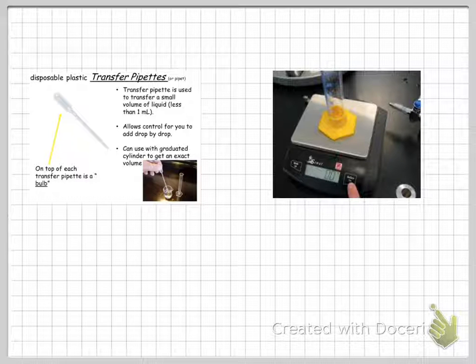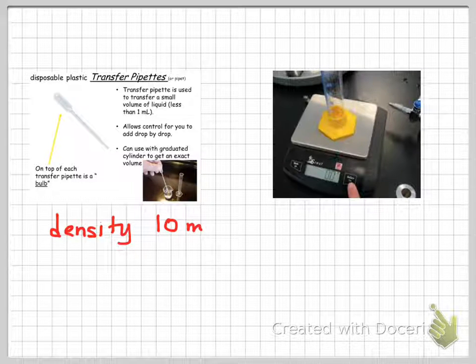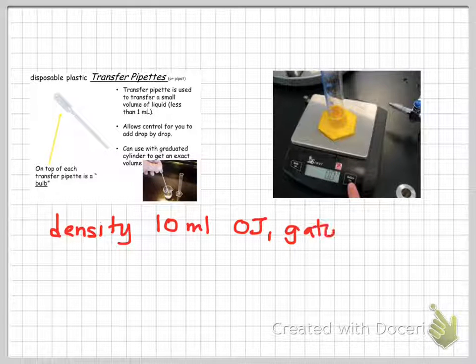In this lab, what you're going to need to do is determine the density of the 3 liquids. We're going to find the density of 10 milliliters of orange juice, Gatorade, and Sprite.